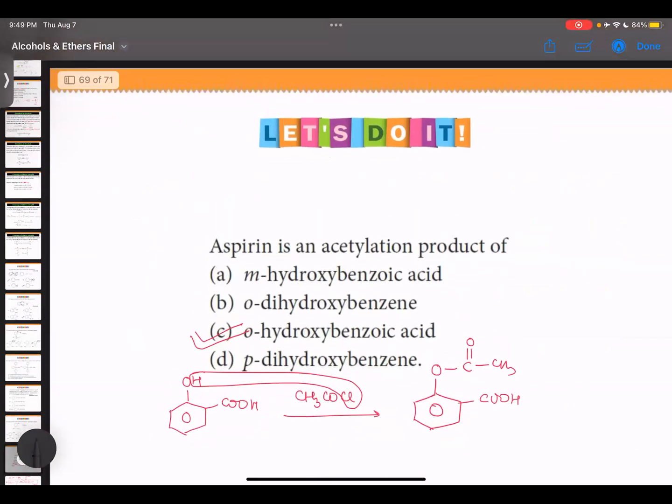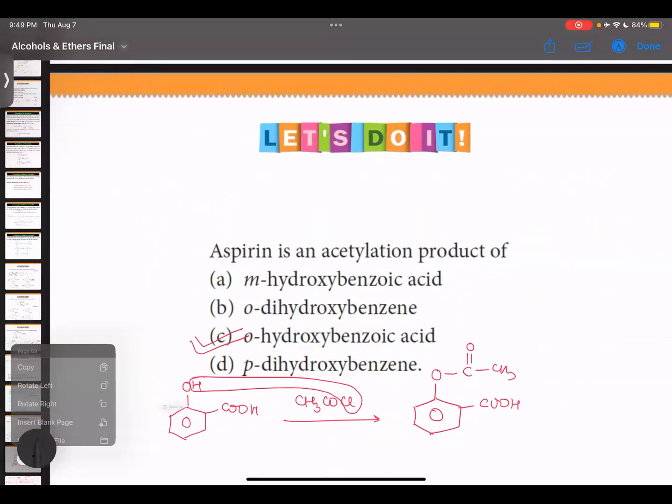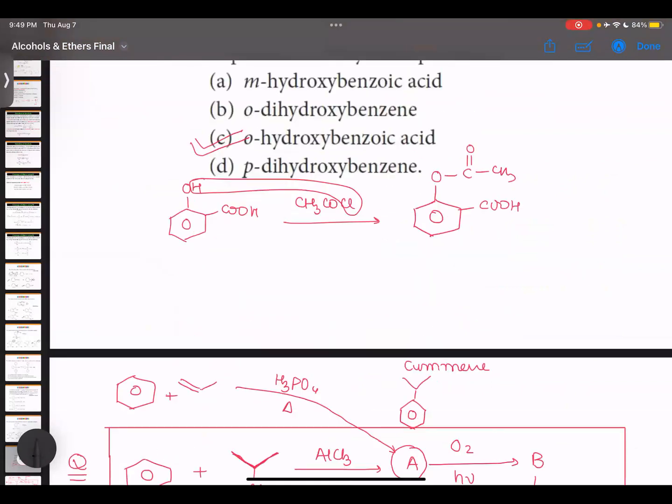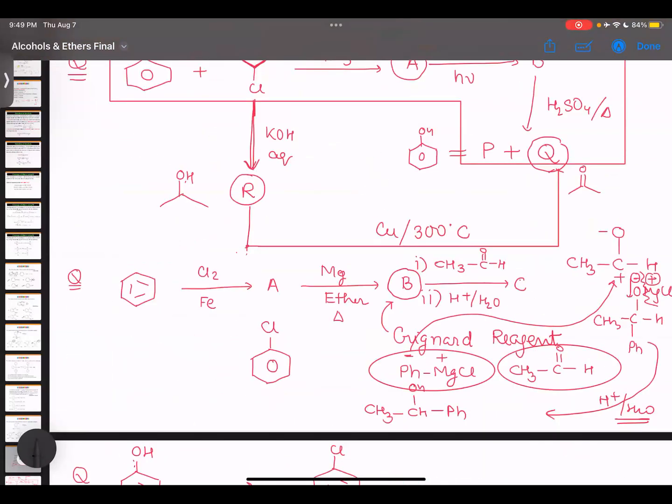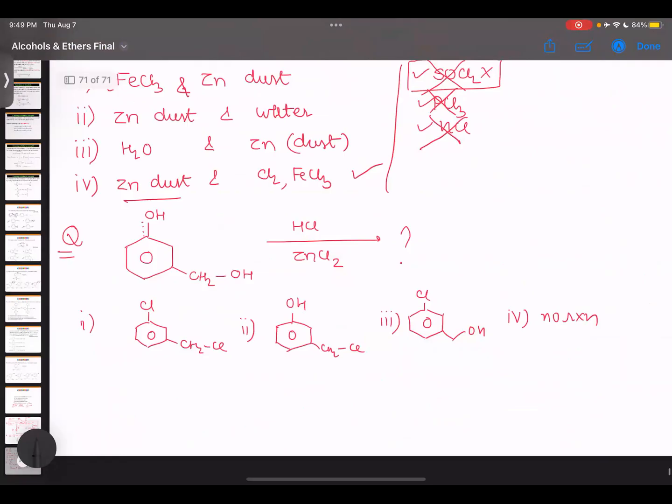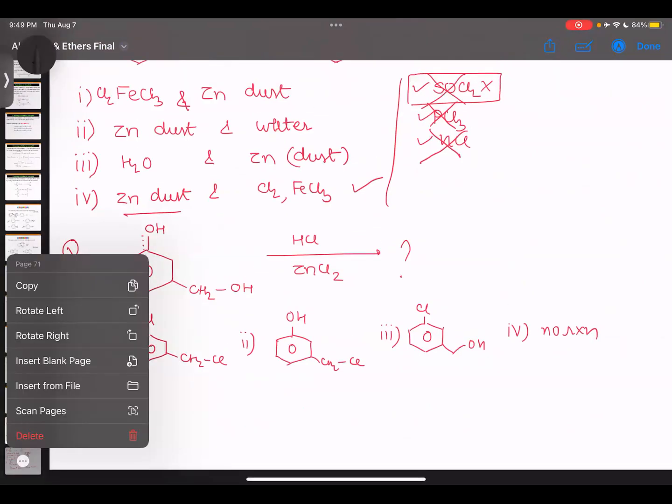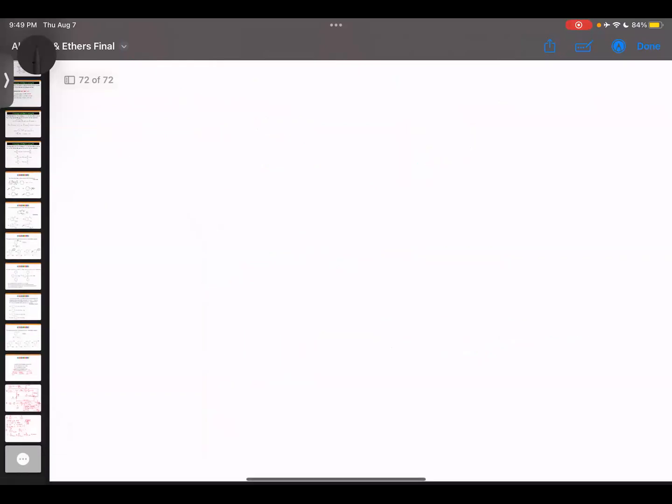Let me take the other NEET questions. I mix some questions of NEET and JEE together so that you can have a clear idea of what sort of questions you can expect. Okay.